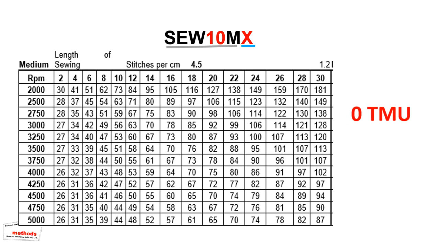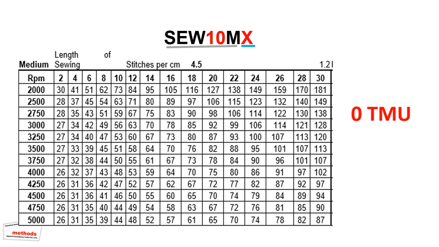For the rest of the code, we determine the TMUs using a table drafted by Methods Apparel Consultancy and is confidential. But for learning purpose, we have a part of the table for medium stitch difficulty. It has particular TMUs of different RPMs or speed of machine and different length of stitch. Also, it is mentioned here that this table is only for medium stitch difficulty.